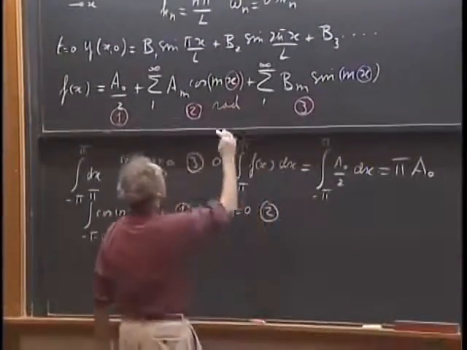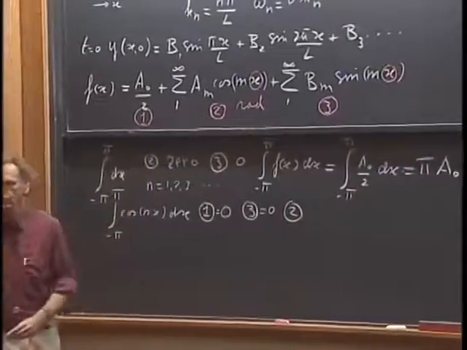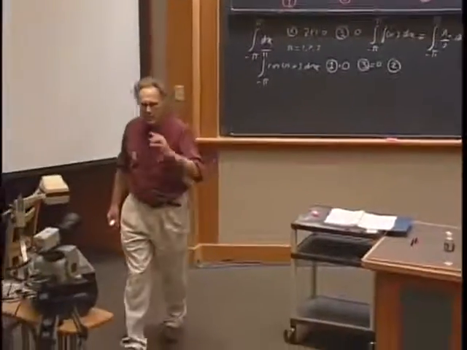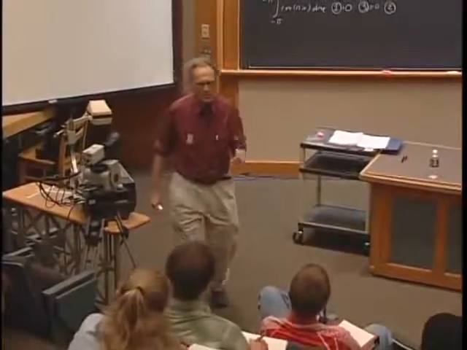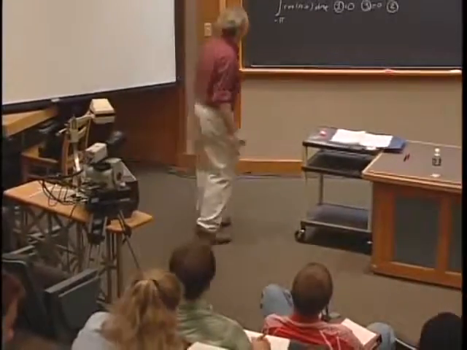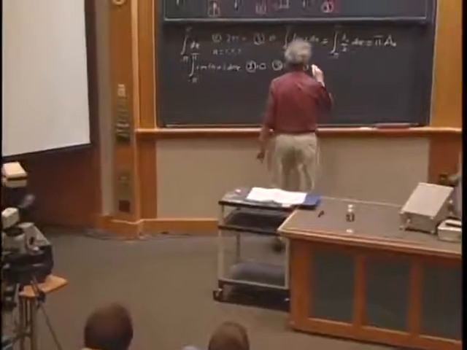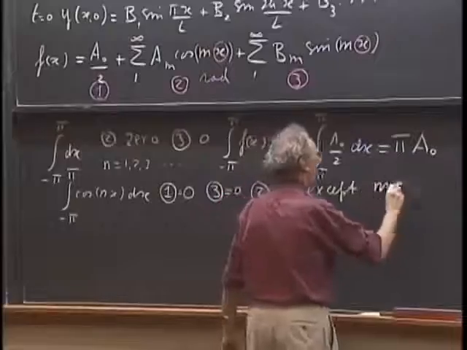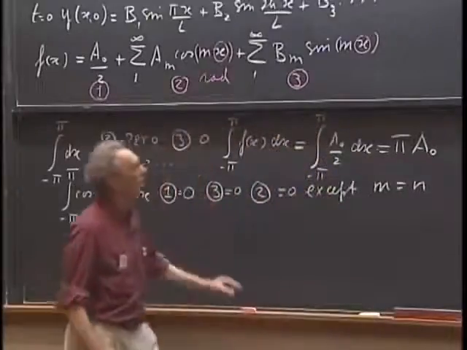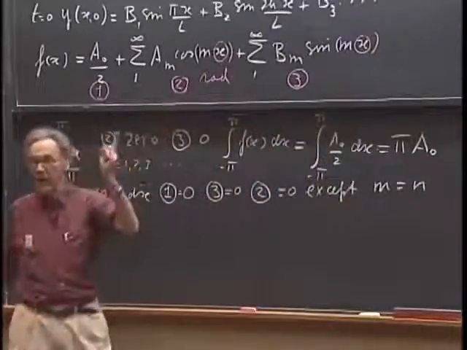If we now go to term number 2, it is also always 0, except when m is the same as n. So number 2 is also 0, except when m equals n. When m equals n, you get here a cosine squared.